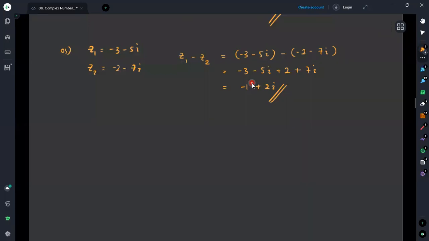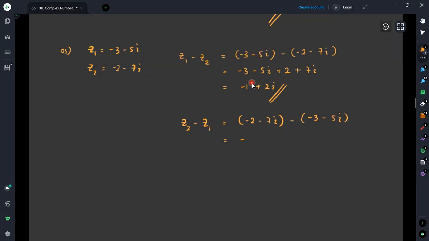But if I see the other way around, suppose you need to get the value for Z2 minus Z1. Now Z2 is the number which comes first, so we'll get minus 2 minus 7i. Then we have to subtract the quantity minus 3 minus 5i from it.